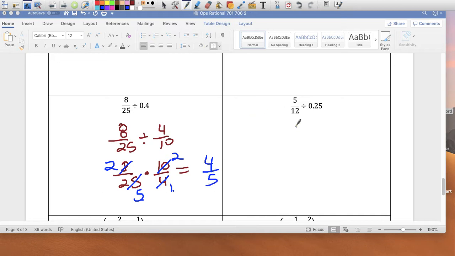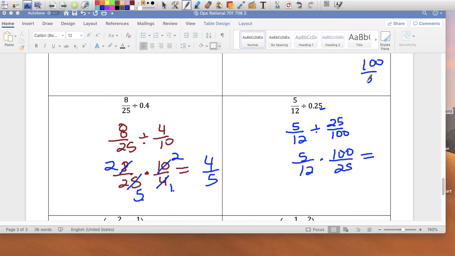Same thing here. 5 over 12 divided by, remember this is in the hundreds, right? So it's going to be 25 over 100. 5 over 12 times 100 over 25. Can we simplify? Yes. Let's simplify the big numbers. I want to divide 100 and 25.